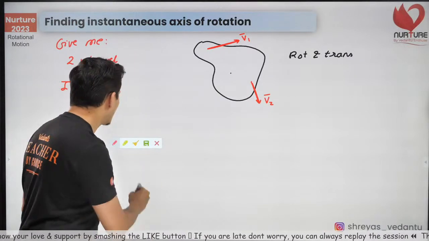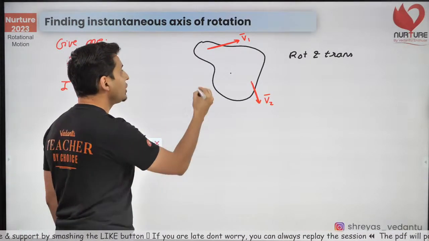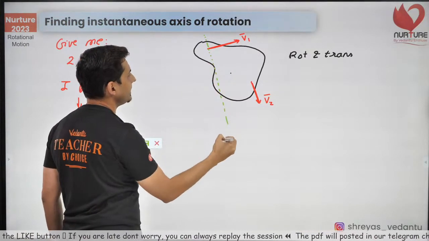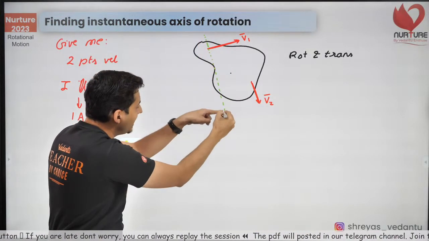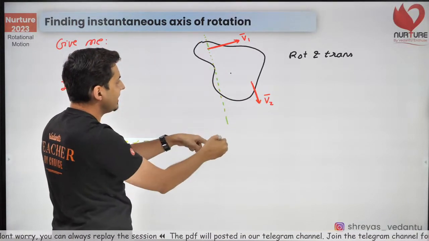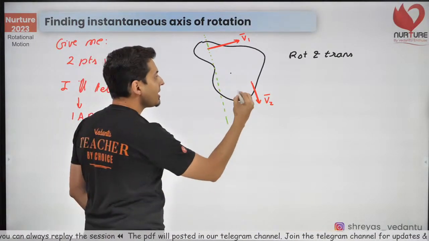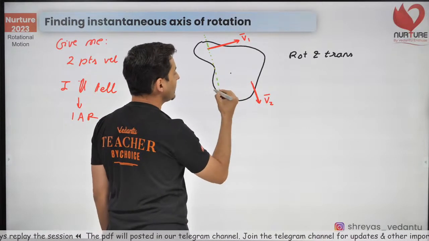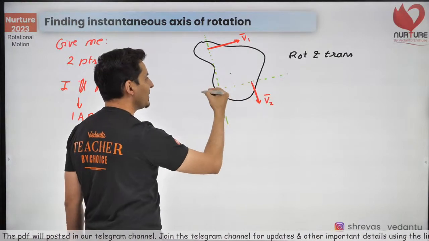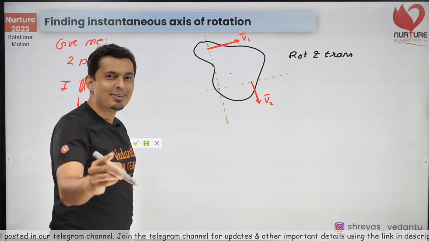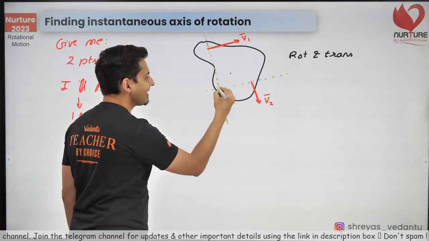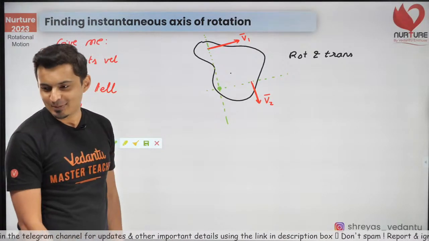So I know for sure if I draw a perpendicular to this velocity, the axis of rotation may lie somewhere on this line. I don't know where, but it will definitely lie on this line. I also know if I draw a perpendicular to this velocity, the axis of rotation will lie somewhere on the green line.